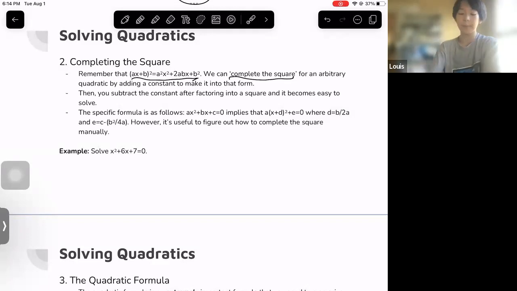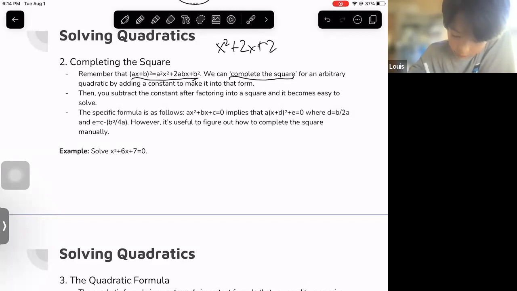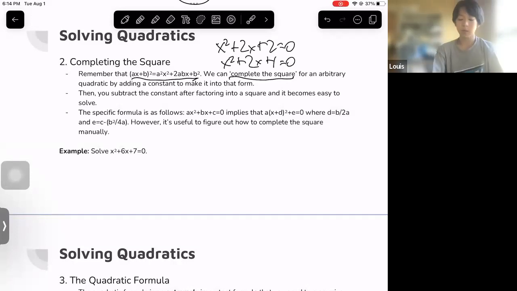So for example, if you're asked to solve the expression x squared plus 2x plus 2 equals 0. For this, we know that x squared plus 2x plus 1 is a perfect square, namely x plus 1 squared.